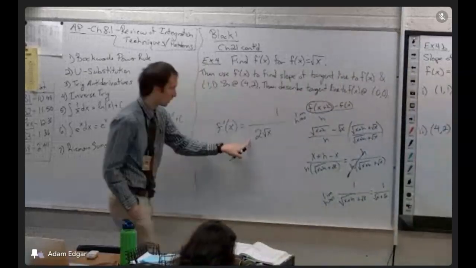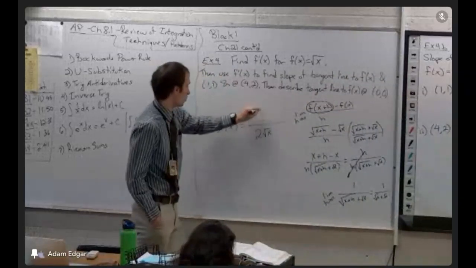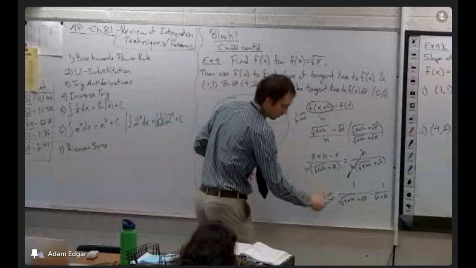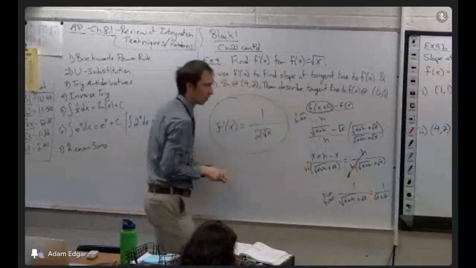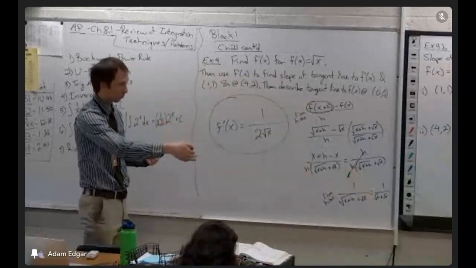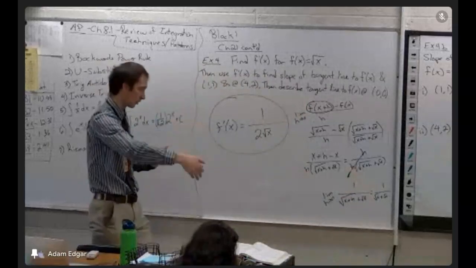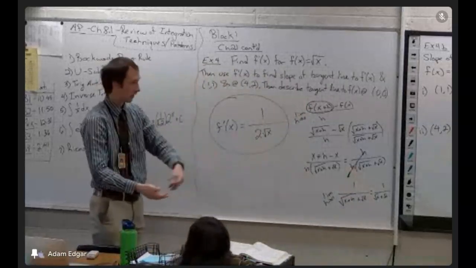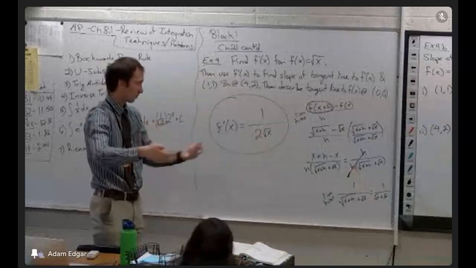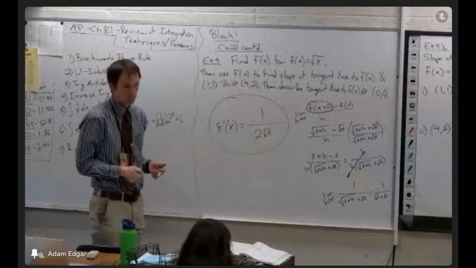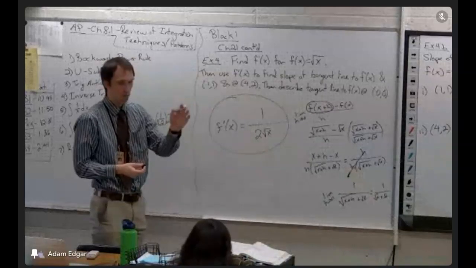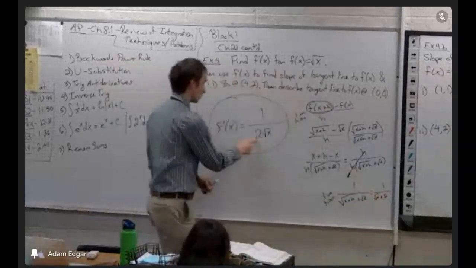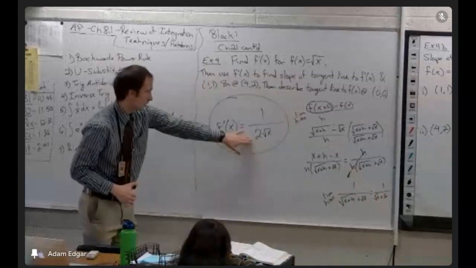So that's where we're getting 1 over 2 root x, because at the very end, when you take the limit and h goes to 0, you have root x plus root x, and anything plus itself is 2 of that thing, like casa plus casa is 2 casa, or marker plus marker is 2 marker. Root x plus root x is 2 root x. That's all that is. So that's how you get there.